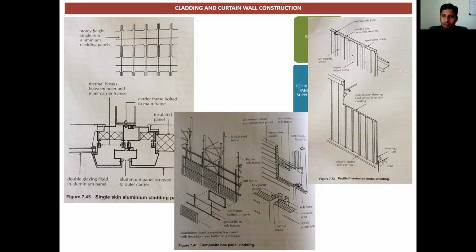What is sheet metal cladding and how it is arranged. Some of the things I'm able to incorporate for this presentation. That is how this sheet metal is arranged in elevation and how it is attached level by level.